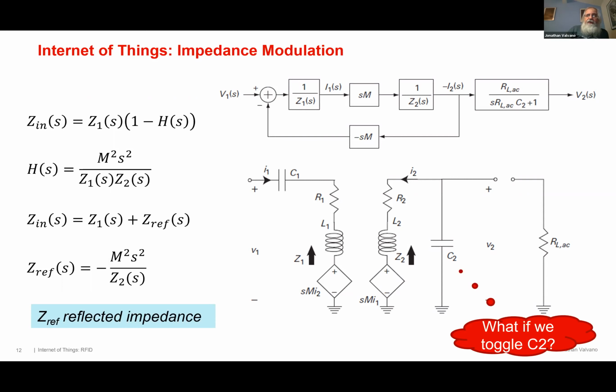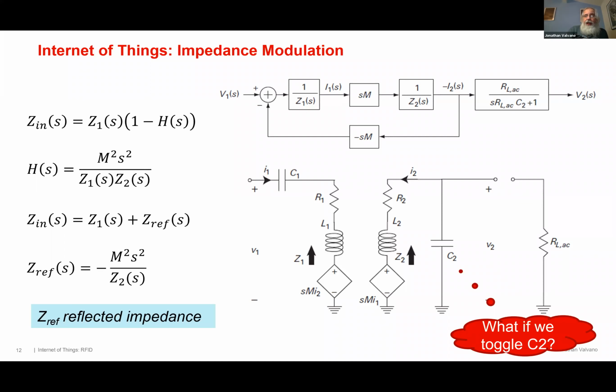But if I were to modify C2, what would happen? If I could do something on the tag or on the embedded device that changed C2 a little bit, not so much that it's out of tune, but enough to cause a signal on Z reference.